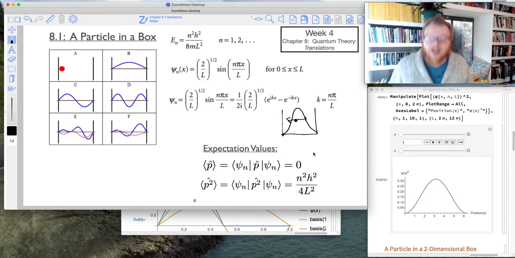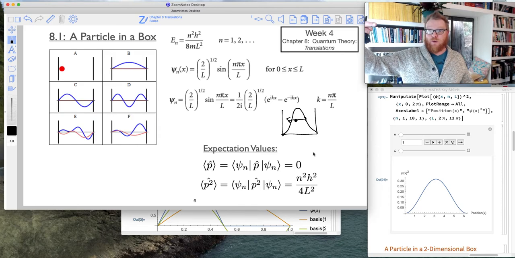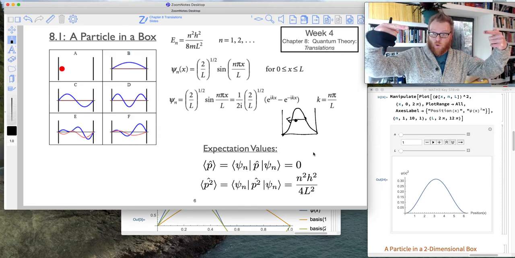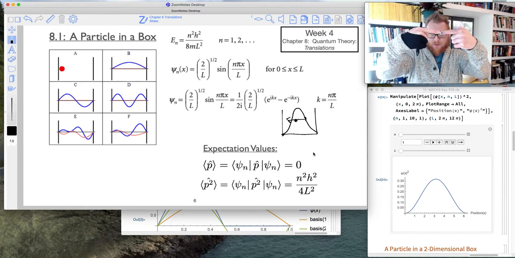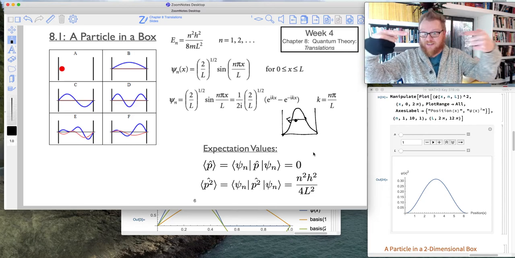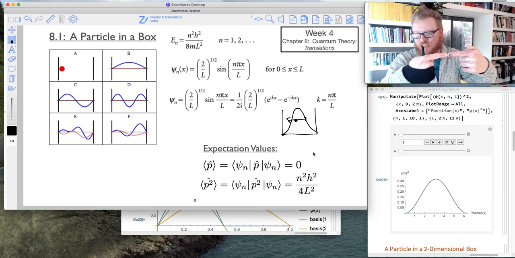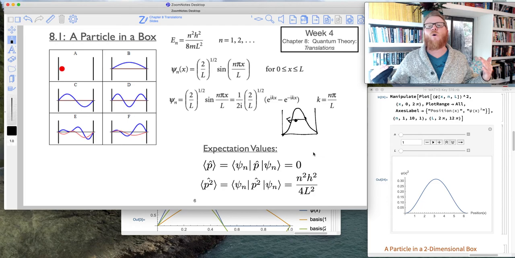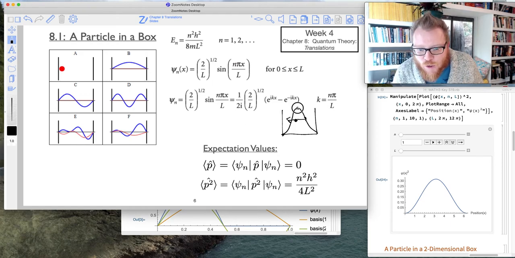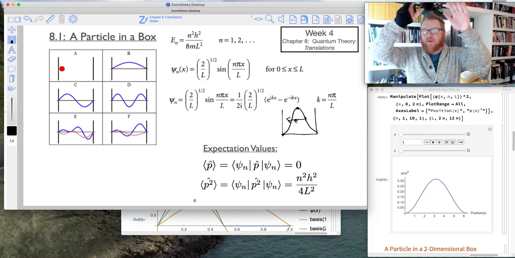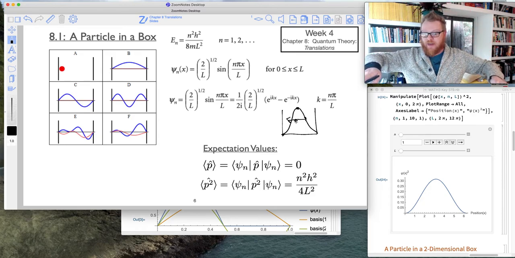Well, that's because it's moving perfectly in this direction or in this direction. And those two different directions, the positive velocity and the negative velocity, cancel each other out. And so you have no net momentum. We expect the particle to be found right in the middle of the box. And then, of course, there's diminishing probability on either side of that.